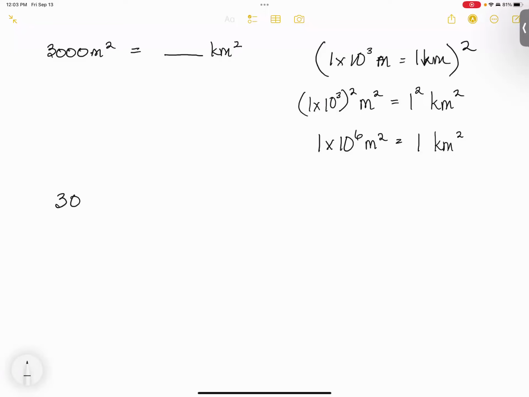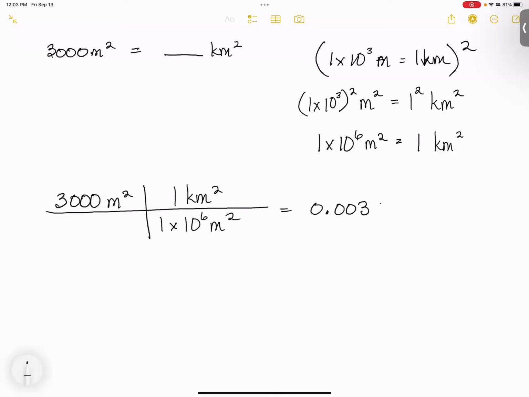So 3,000 meters squared. I need to put the meters squared in the denominator, so that's going to be 1 times 10 to the 6th meters squared, and the kilometer squared will go into the numerator. Or in other words, we're talking about 0.003 kilometers squared.